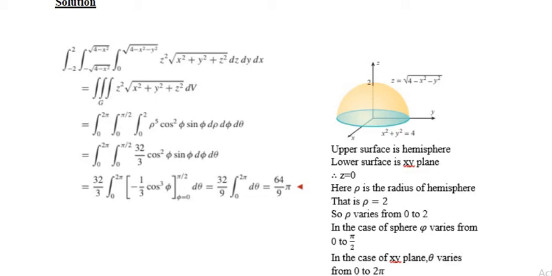And substituting the values of x, y, z as functions of rho, theta and phi, we get it as integral 0 to 2 pi, integral 0 to pi by 2, integral 0 to 2, rho raised to 4 cos square phi sin phi d rho d phi d theta. And after solving the integrals, we get the answer as 64 by 9 into pi there.